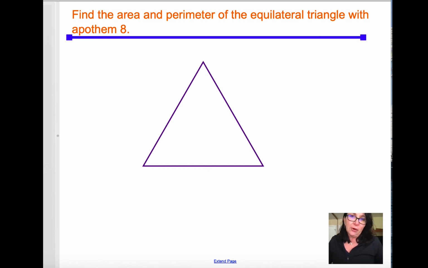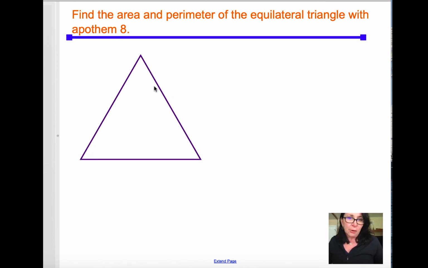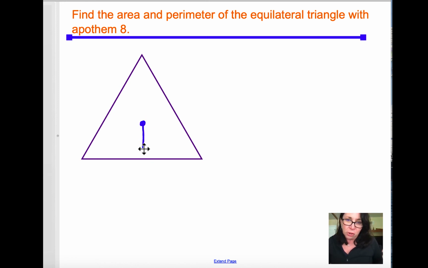To find the area and perimeter of this equilateral triangle, the apothem comes down a little bit low because the apothem here is 8. What you need to remember here, this being 60 degrees, and there are a couple of ways to do this. One way is we know that all the angles are 60.